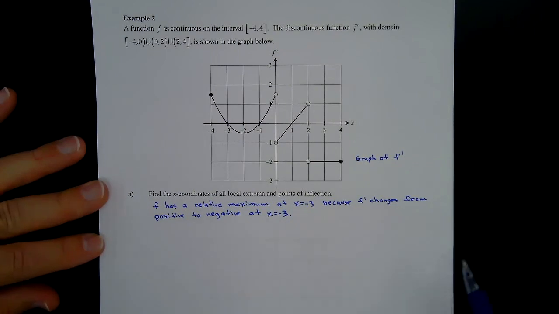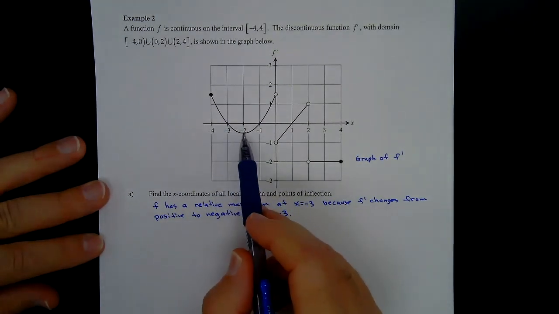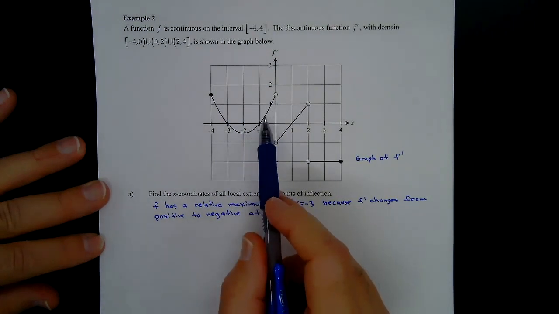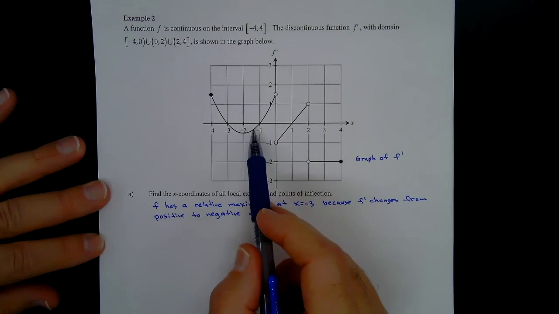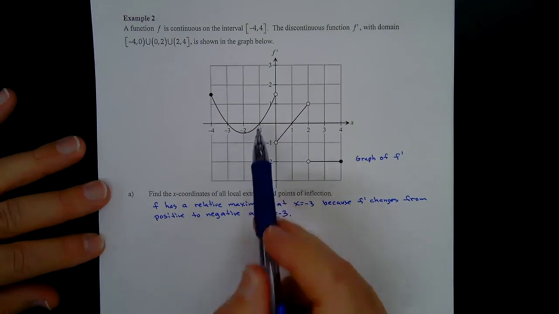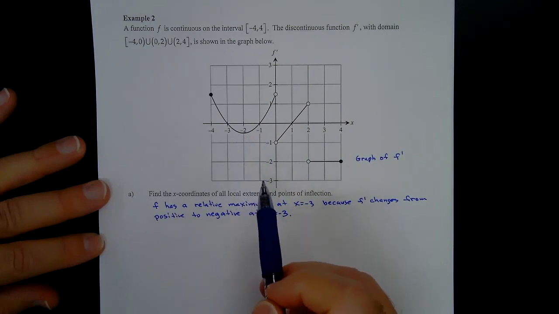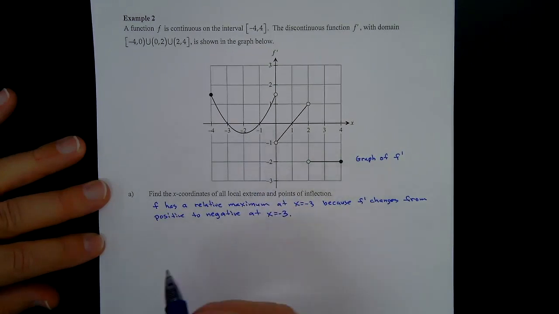So now the derivative is negative, and now the derivative at -1 is 0, and then the derivative is positive. So the derivative is changing from negative to positive at x equals -1. That would tell us that if we're changing from negative to positive, we have a relative minimum right there.